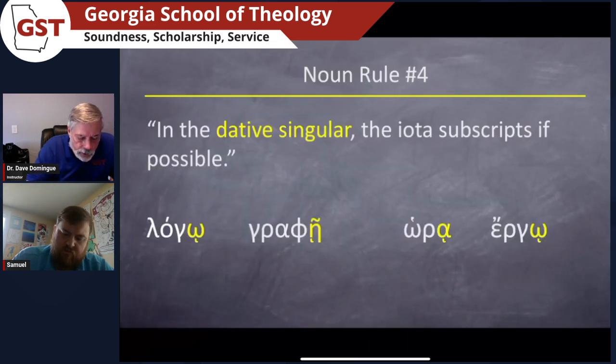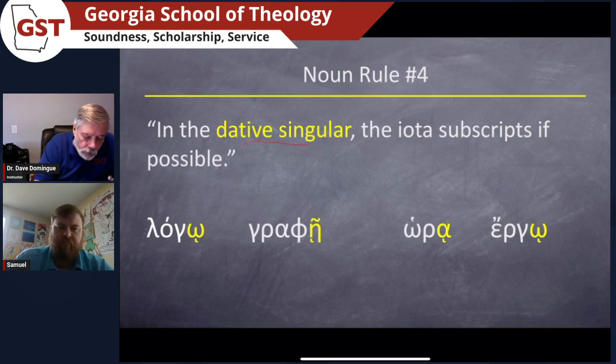All right, so here's the noun rules. Now, we already did 1, 2, and 3, right? In the dative singular, the iota subscripts, if possible. There's some cases where it won't. So logoi, which was originally omicron iota. What happens is that omicron lengthens to the omega, and then the iota becomes subscripted with the omega.